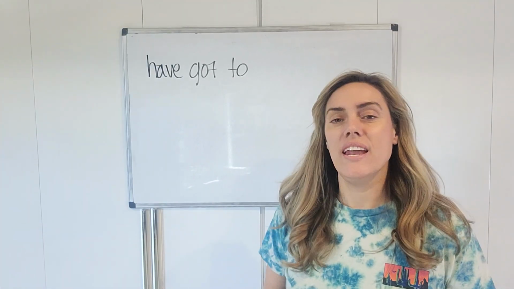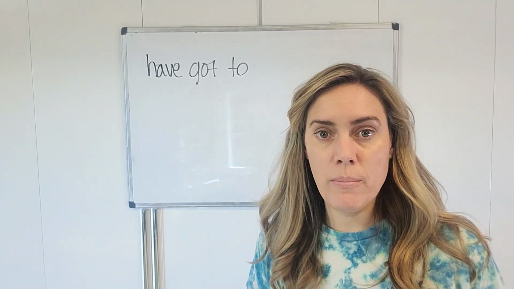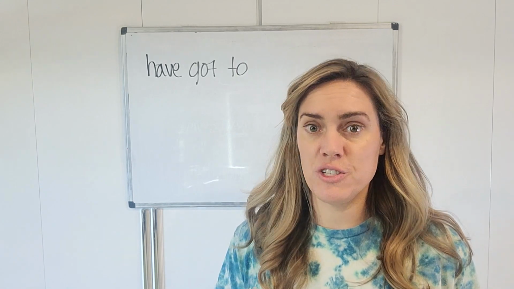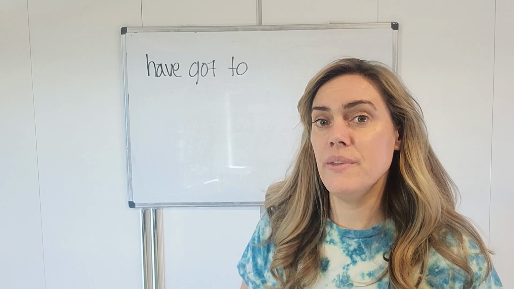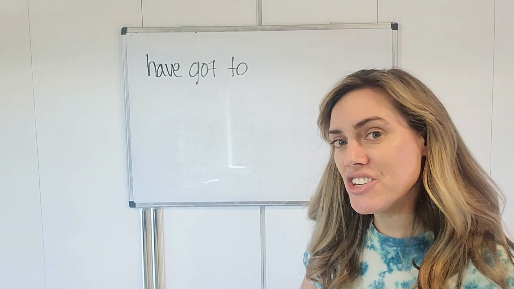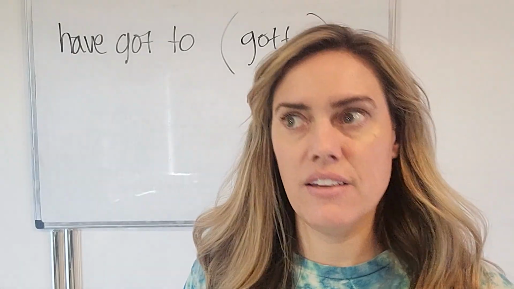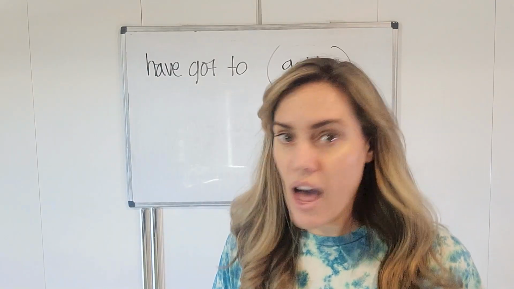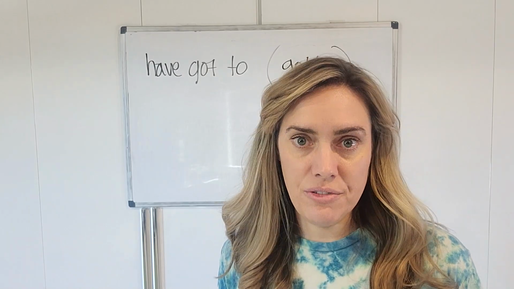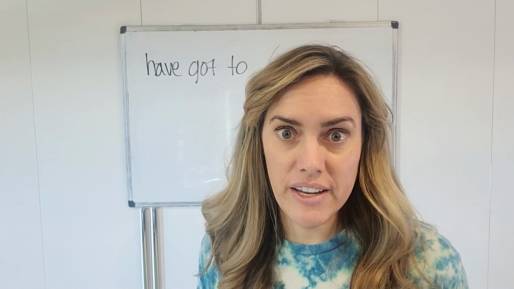All right, now the next one is have got to. This one's also really common, but especially for speaking, you hear it all the time. I use it all the time. When we use it, we actually say gotta. We say gotta instead of have got to. So I gotta go to the store because I need food, or I gotta go to the bank because I need money.